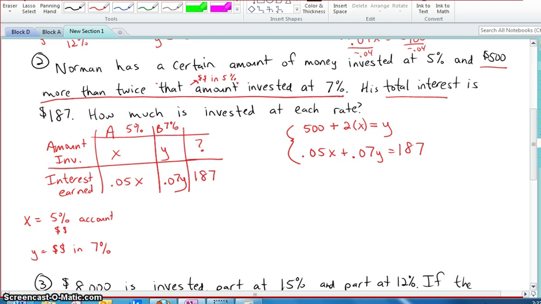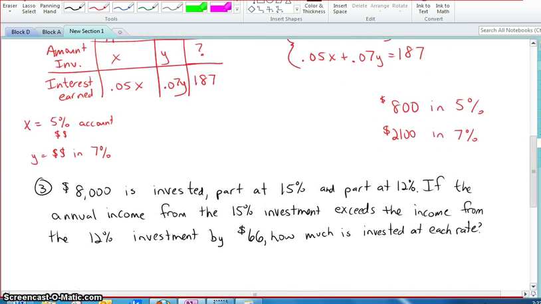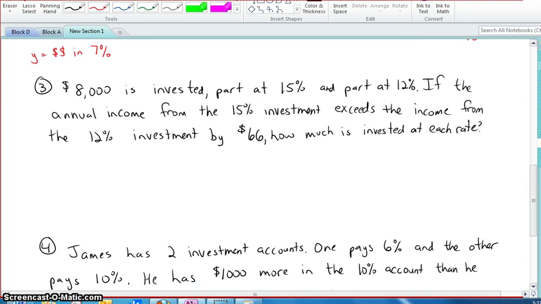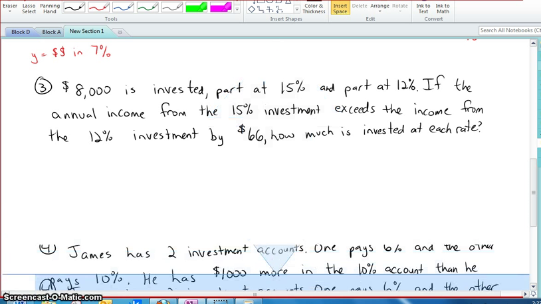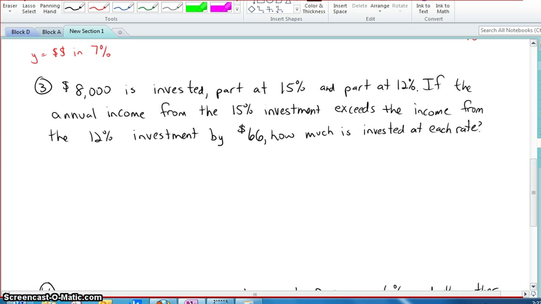Okay, I'm going to let you do the work on this one, but you should end up with $800 in the 5% account and $2,100 in the 7% account. You do the work, make sure you get those right answers. Number 3 tells me $8,000 is invested.